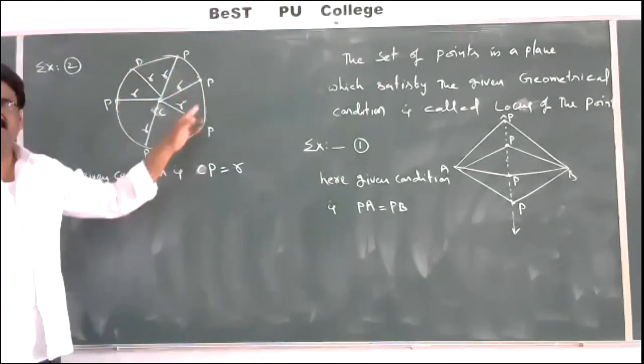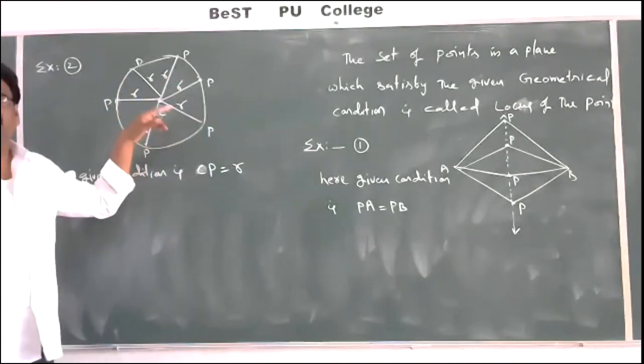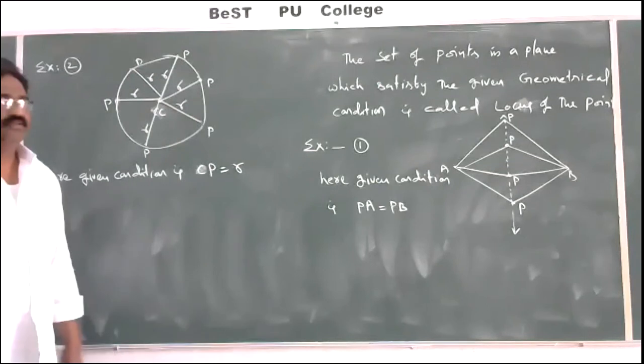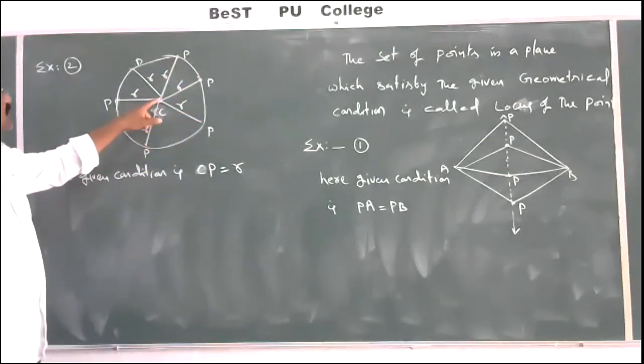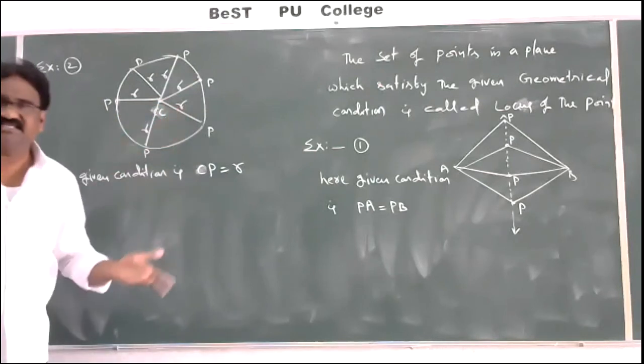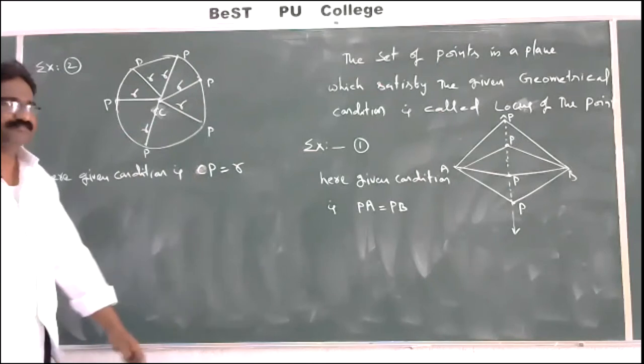A point P is moving which is at a distance of R units from C. For example, P is here, here, here. When we measure the distance from C, we get the same distance R, a constant distance R.